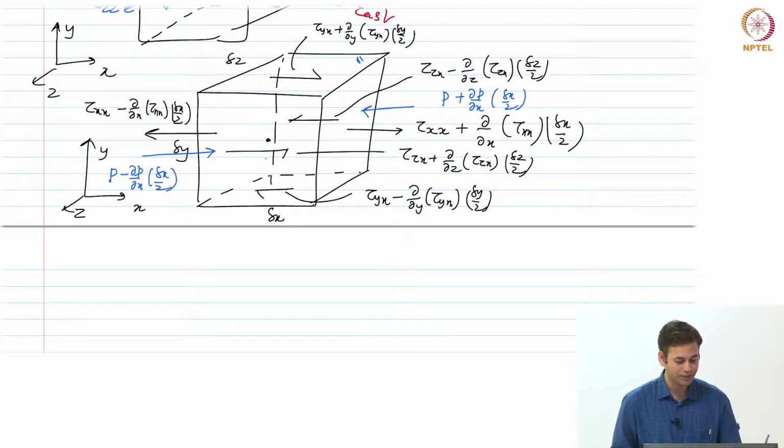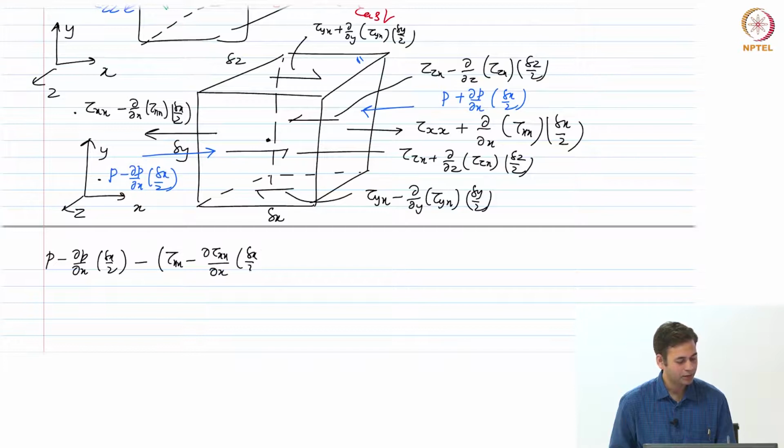If I consider the west face first, this would be p minus partial p by partial x times delta x by 2 acting in the positive x direction, minus the tau xx, so tau xx minus partial tau xx by partial x times delta x by 2. Both of these are acting on the west face. This stress has to be multiplied with the area in order to obtain the force, and what would be the area?